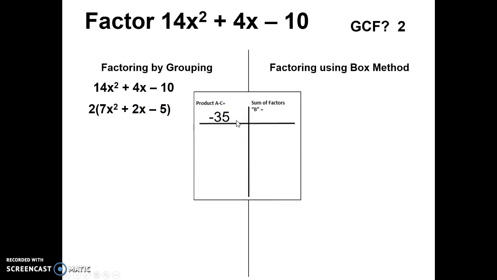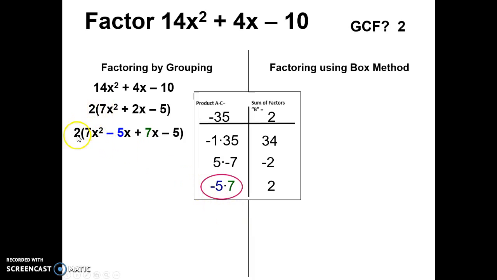That's negative 35. My 2 goes here. Factors of negative 35 that add up to 2. There we go. That's what I'm going to use. I'm going to drag my GCF with me because a lot of people will factor out the GCF and then forget to put it in the answer.